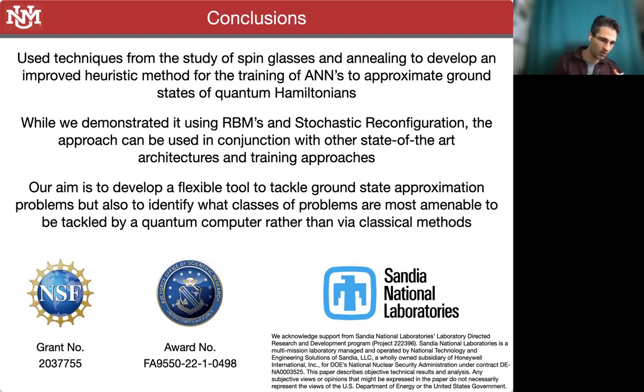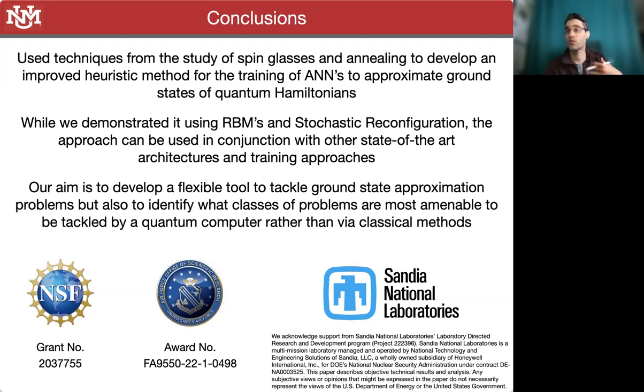In all the work we did in the paper and that I presented today, we use RBMs and stochastic reconfiguration, but parallel tempering doesn't require you to use those. It would work with any ANN you chose and any update scheme you chose for that ANN. So I think it's very flexible.